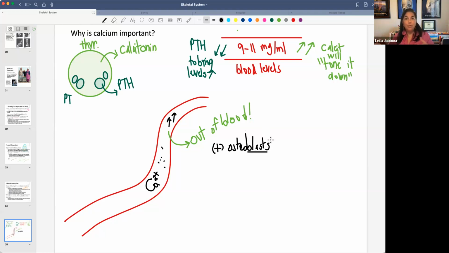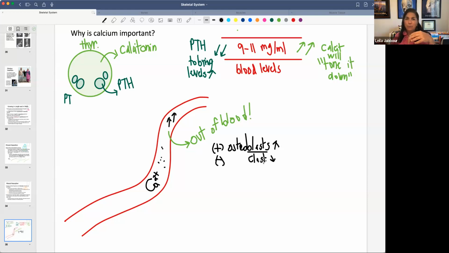So if we promote osteoblast activity, we're going to have usage of the calcium, and that way we can get rid of it from out of the blood. Also, calcitonin will decrease osteoclast activity.